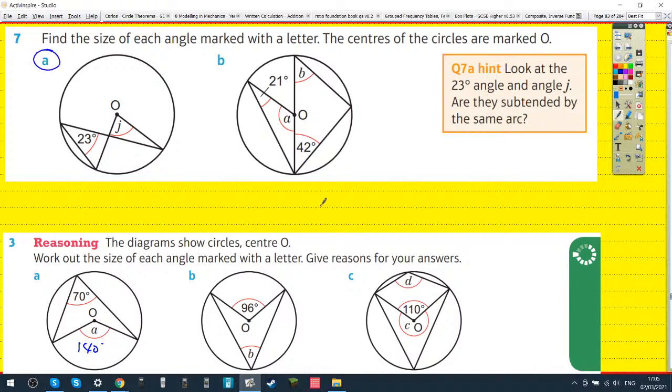In the center is J. So J is at the center. Yeah. And then the circumference is 23. And the angle at circumference is the other one, 23. And so what is the angle at center?